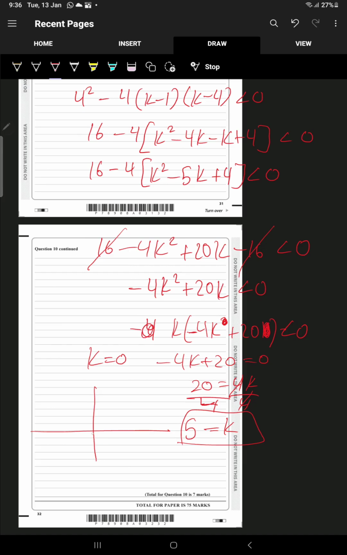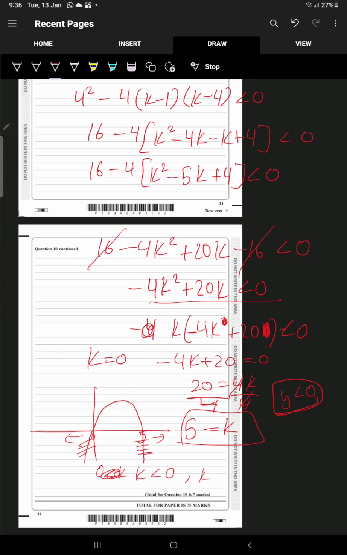Whenever y is less than 0, we are looking for the values over here, to here and to here. So this means that k is less than 0, and k is greater than 5. So that's our answer.